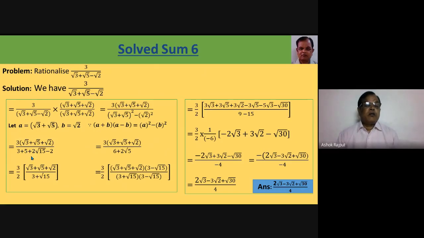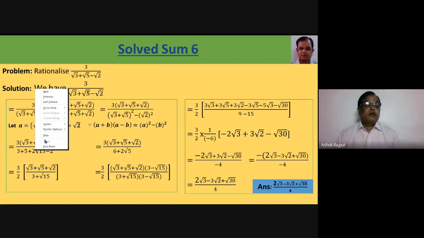So a square means it is a plus b whole square. The square of root 3 is 3. The square of root 5 is 5. Then it is 2ab. Okay, root 3 into root 5 equal to under root 15, and it is from the identity here, and the square of root 2 is 2.